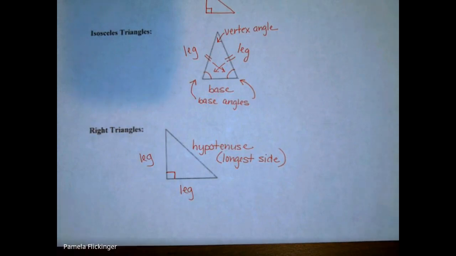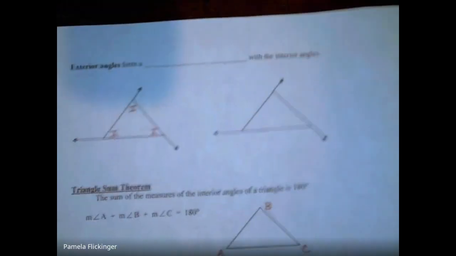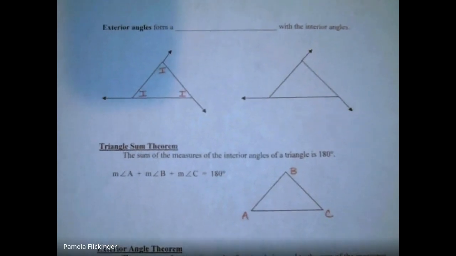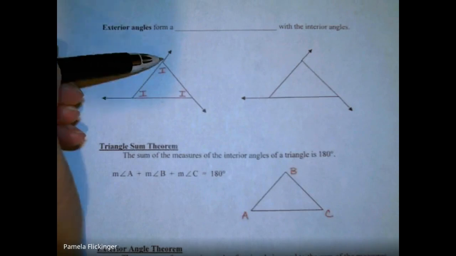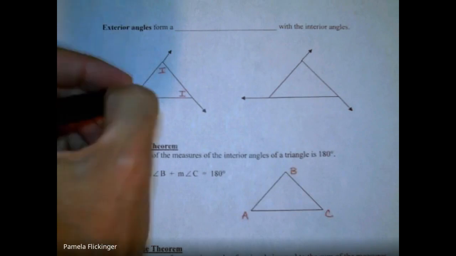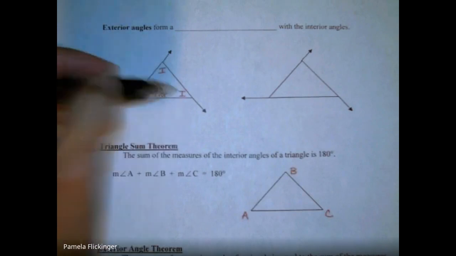All right. So that's a bunch of vocabulary. Let's look at some angles. All right, we have exterior and we have interior angles. So obviously in a triangle, and I mark these with eyes for interior, we've got three of them always.